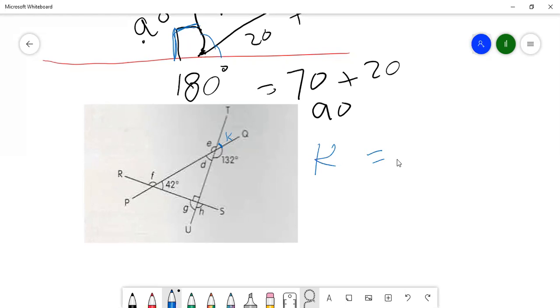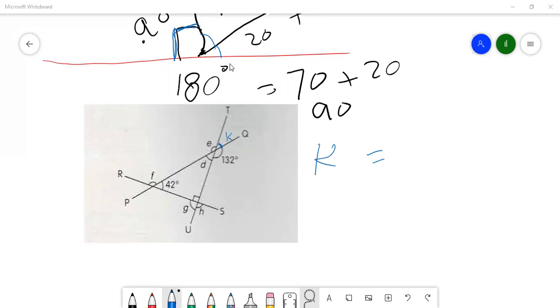Why 70 degrees? K is supplementary with which angle? Those make 180, or they are on the straight line.